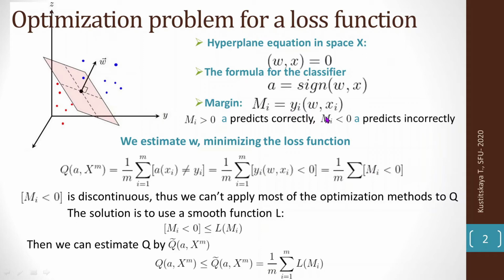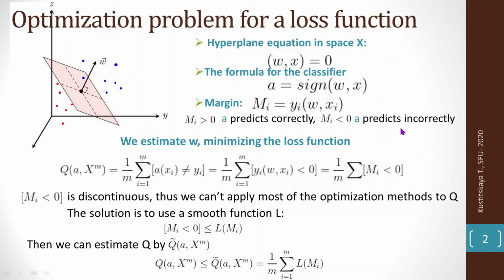While if our classifier predicts incorrectly, the scalar product here will be positive and we will get negative Mi. So summarizing this all, we can conclude that Mi is positive if the classifier A predicts correctly, and Mi is negative if A predicts incorrectly.